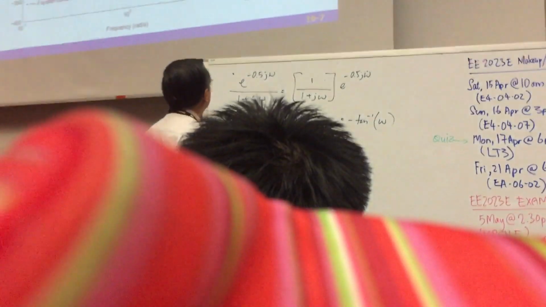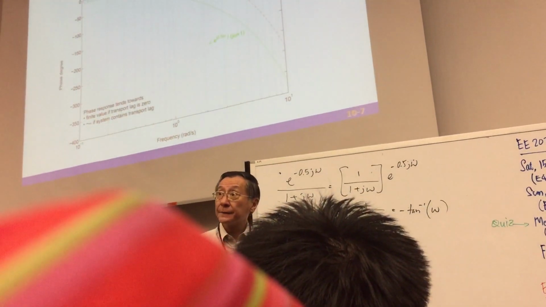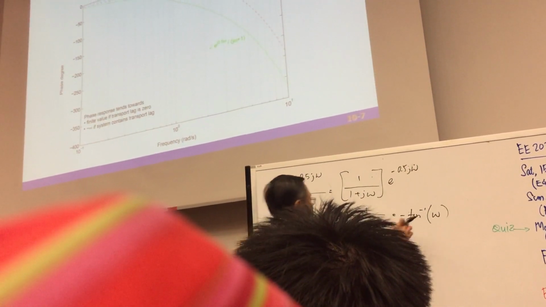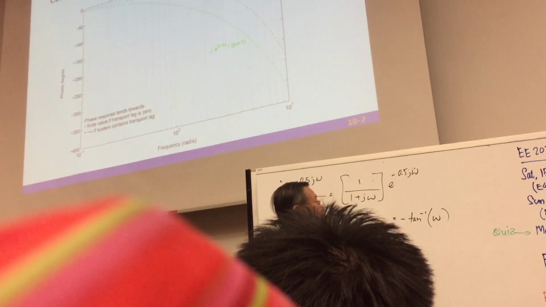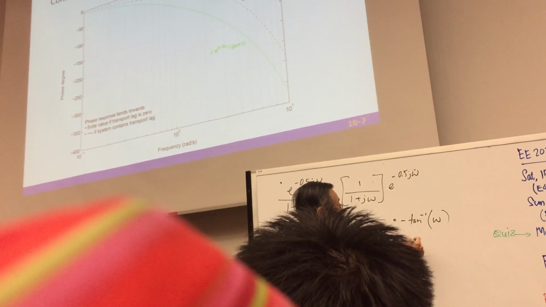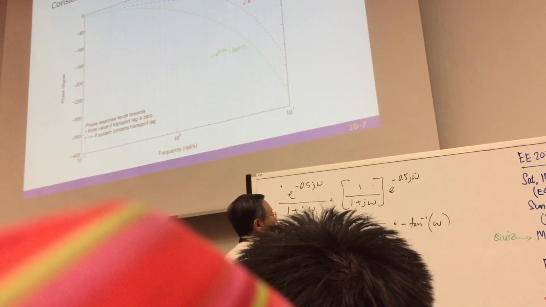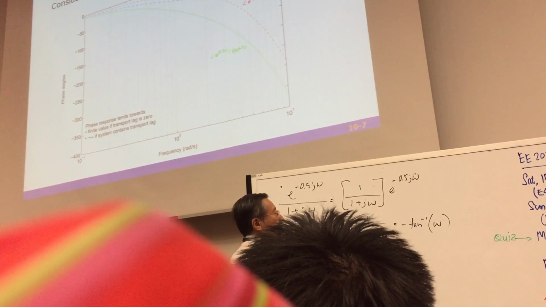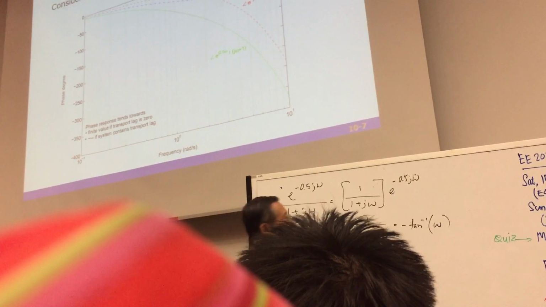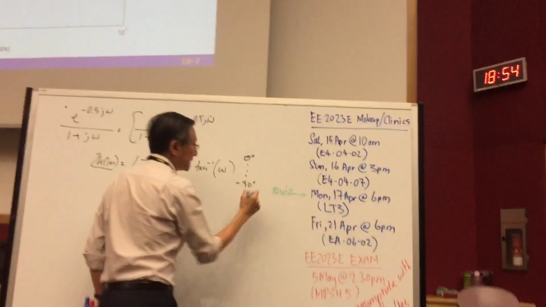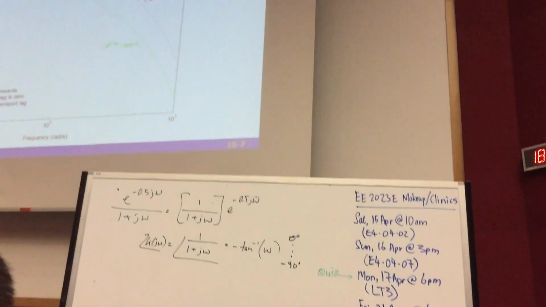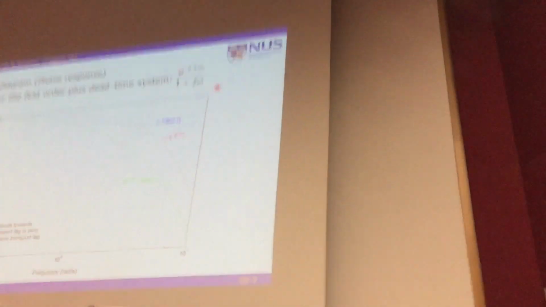Okay, so the phase of this guy, which we can plot using those asymptotes. Okay. So this is the first order system. That means the phase of this guy will range from 0 degrees to minus 90 degrees, which we did last week.